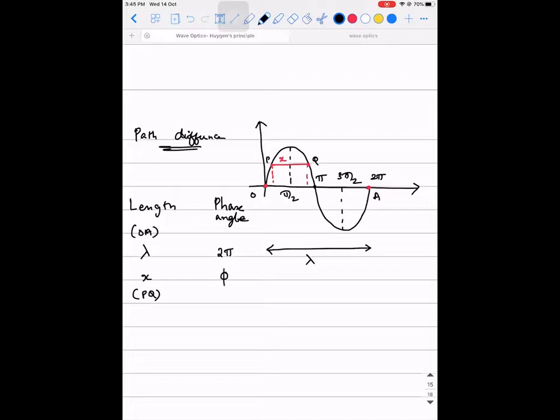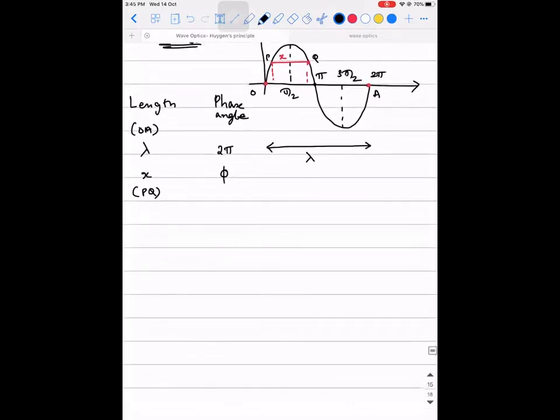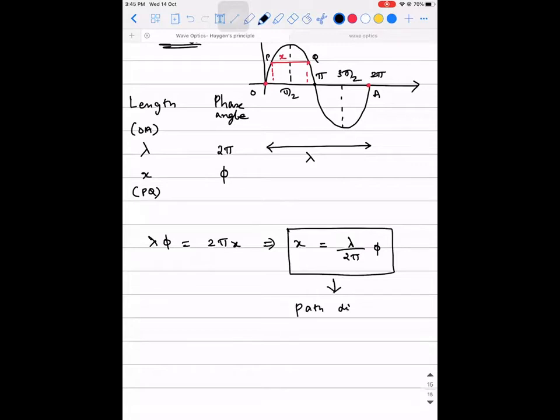If I call that phi, then what is the relation between all these parameters? See, lambda into phi is equal to 2 pi into x, which implies x is equal to lambda divided by 2 pi multiplied with phi. This is what is called the path difference between points P and Q.